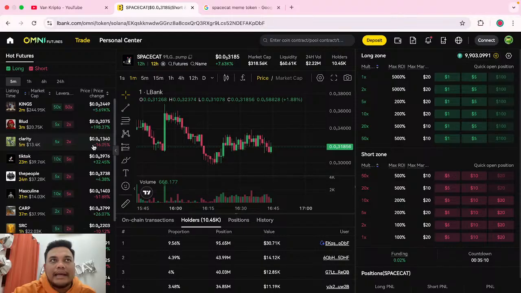Without that, it is impossible for the liquidity provider to pump the liquidity into it, right?